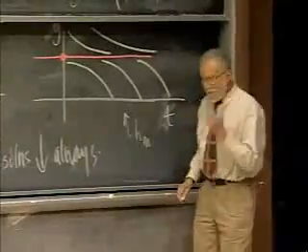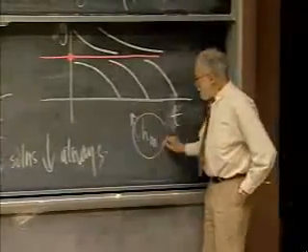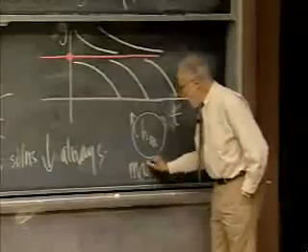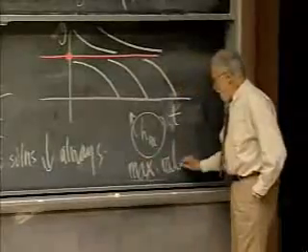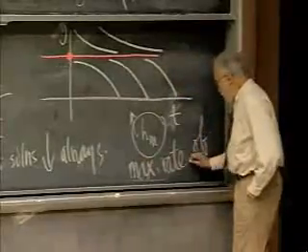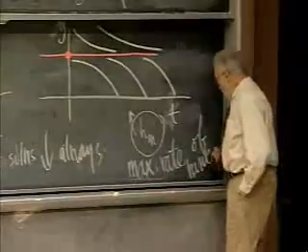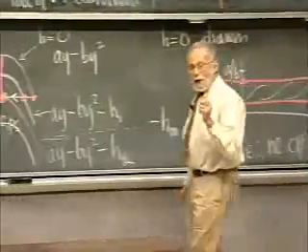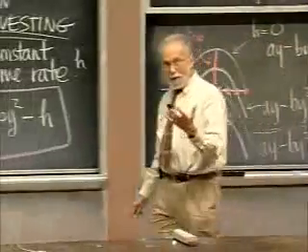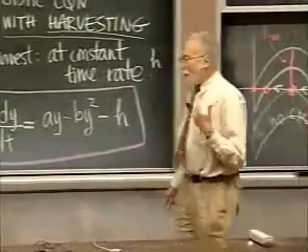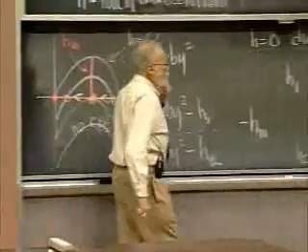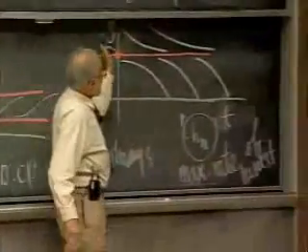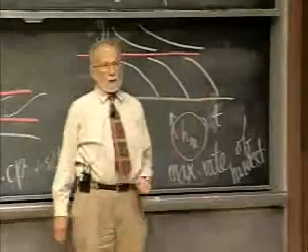What is the significance of hm? hm is the maximum rate of harvesting. It's an extremely important number for this industry. It's the maximum time rate at which you can pull the salmon daily out of the water and can them without the salmon going to zero.